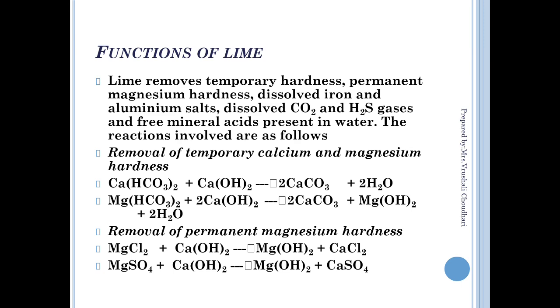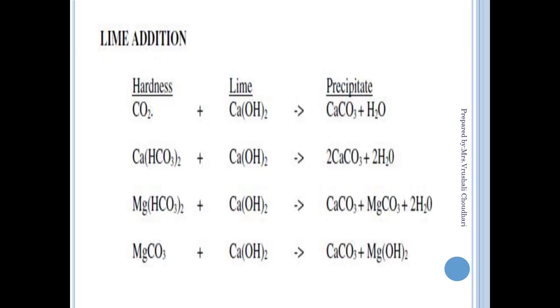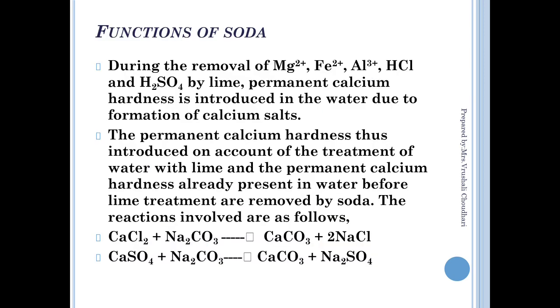In this reaction, we will observe that calcium bicarbonate is the salt which produces the hardness. When we are adding lime, it is converted into the precipitate, calcium carbonate, and gets settled down at the bottom, and that is removed by the filtration process.